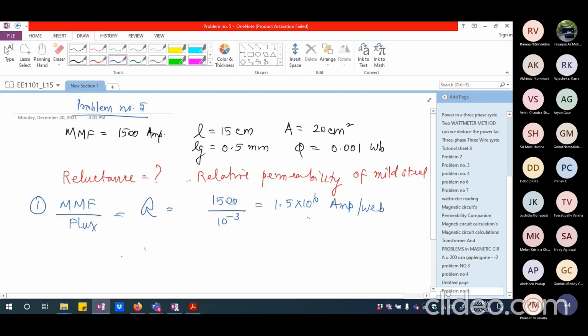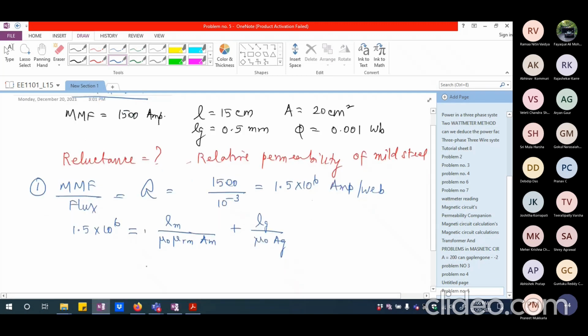This 1.5 multiplied by 10 power 6 is going to be equal to L mild steel divided by mu naught mu R mild steel and area of mild steel, plus, because it's a radial air gap, both of them come in series, L of G divided by mu naught multiplied by A of G. So I can calculate this as Lm is 15 multiplied by 10 power minus 2 divided by mu naught, which is 4 pi into 10 power minus 7.